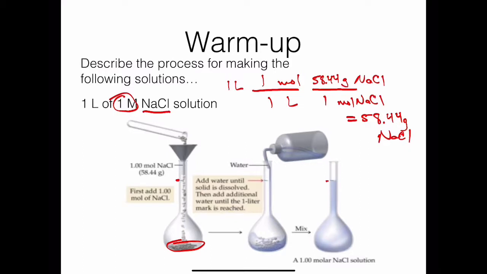Remember, the final step is always to make sure the entire solution is homogeneous, because even though this part originally looked like a homogeneous mixture, when we put it in here, we could still end up with a concentration gradient, more concentrated at the bottom and less and less concentrated toward the top. So we want to make sure we have a cap on this and then invert it. Just turn it up and down several times until the appearance of the whole solution is the same and homogeneous.